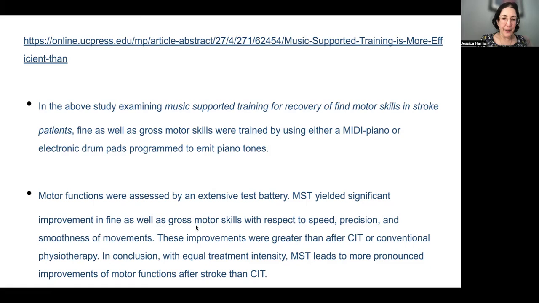MST yielded significant improvement in fine as well as gross motor skills with respect to speed, precision, and smoothness of movements. These improvements were greater than after CIT or conventional physiotherapy. So with equal treatment intensity, music-supported therapy leads to more pronounced improvements of motor functions after stroke than CIT. So what we see is the benefits of the added music-supported training.